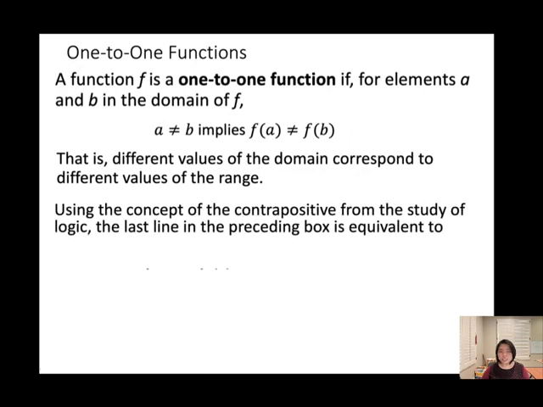This is the definition of a one-to-one function. And then we could write it another way. We could say that f of a equal to f of b implies that a equal to b. If we want to check for a one-to-one function, we could set it up like f of a equal to f of b. Once you solve it, you should find a equal to b. If this is true, then this is going to be a one-to-one function.